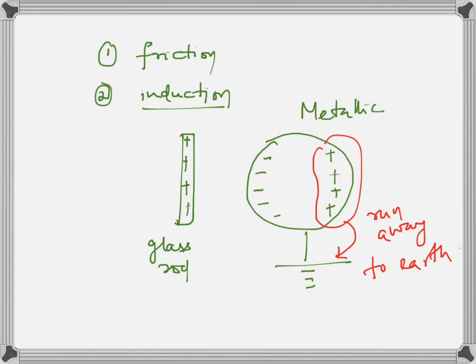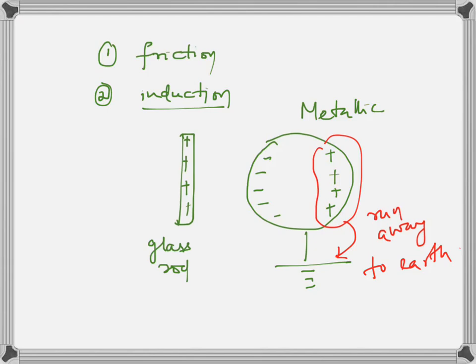So the metal will ultimately be left with only negative charges. So without rubbing the metal, I was able to charge the metal. The metal was initially neutral, now I brought negative charge onto the metal. So this is the way to charge a metal using induction.